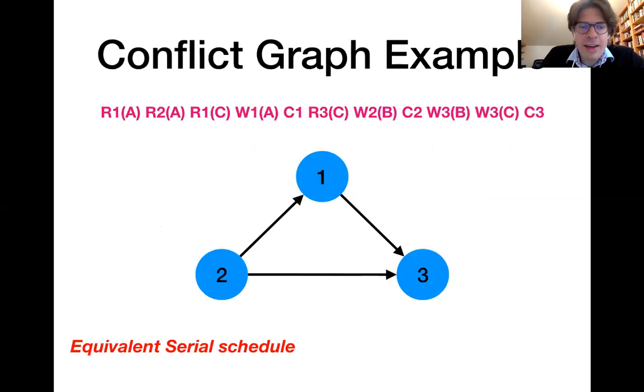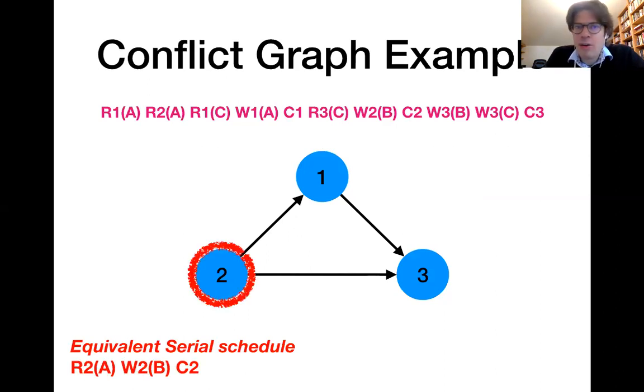For instance, in this example over here, we would first start with transaction 2 because node 2 has no incoming edges. So I can order the operations of that transaction first. Now, node 1 next doesn't have any incoming edges from nodes that haven't been treated yet.